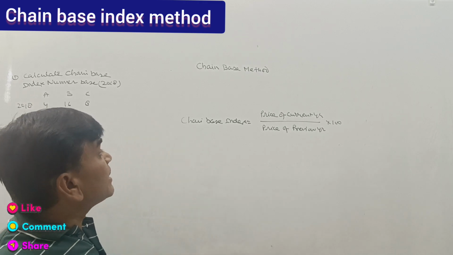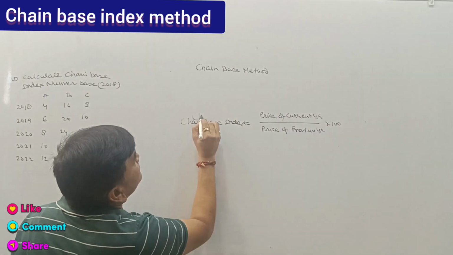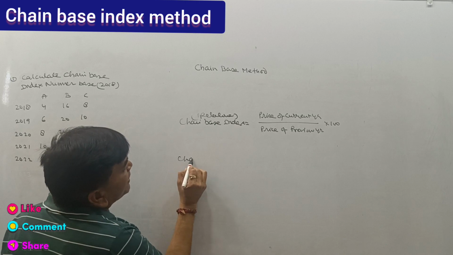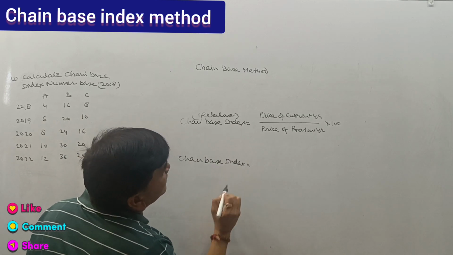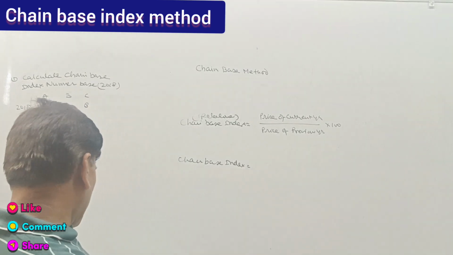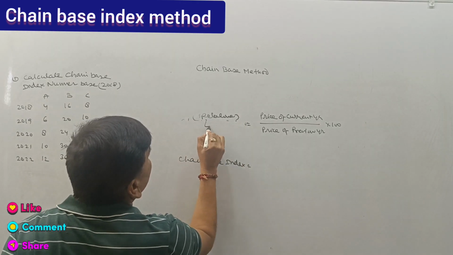For getting the chain based index, we will use the formula. First comes the link relative. This is the formula for link relative.